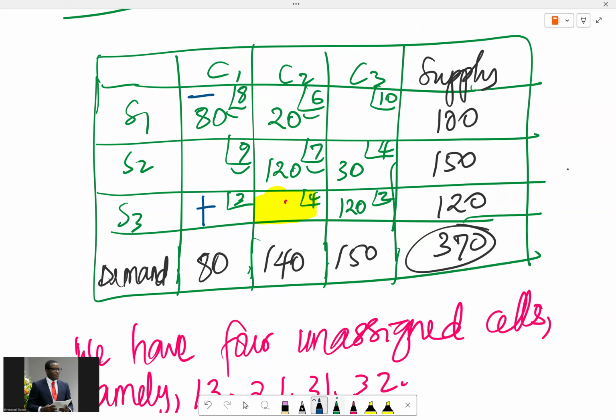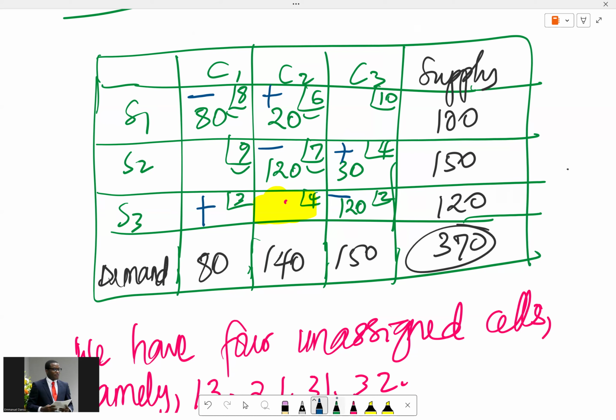Because we have jumped, now we have to balance this up by subtracting from here. But then you have created another row which needs balancing, so you have to add here, but then you have created another column that needs balancing, so you now have subtraction here. So we have to find our way around like that.